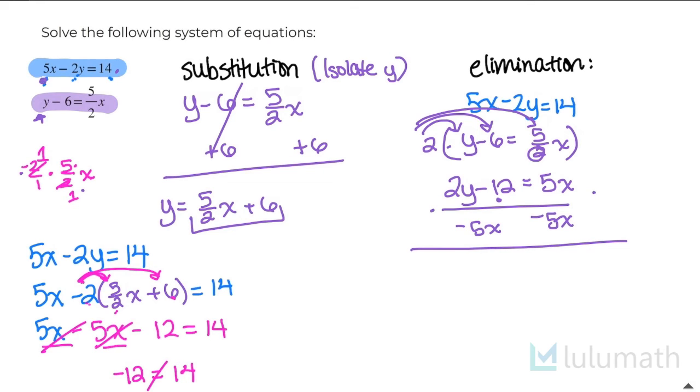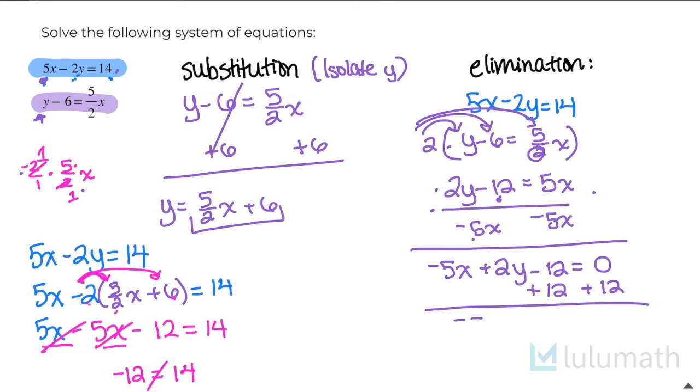Because the x's went first in my blue equation, I'm going to write this minus 5x here first, okay? So negative 5x, this is a positive 2y, so plus 2y, minus 12 equals 0. Now I'm going to get the constants on my right side, so I get negative 5x plus 2y equals 12.